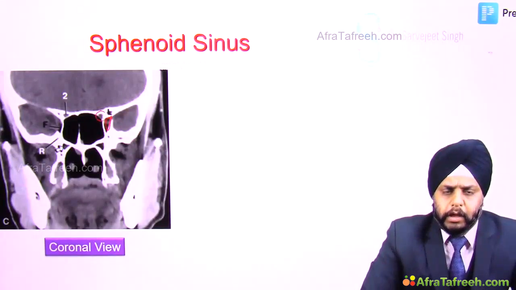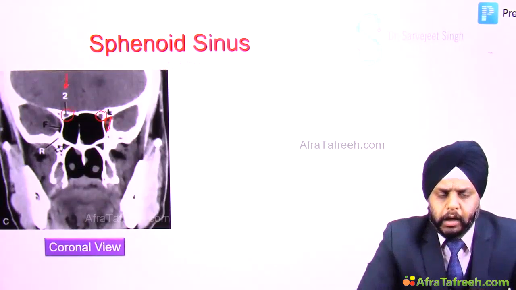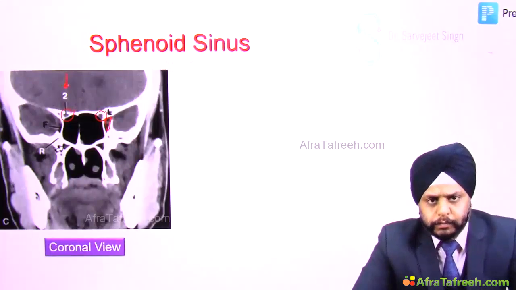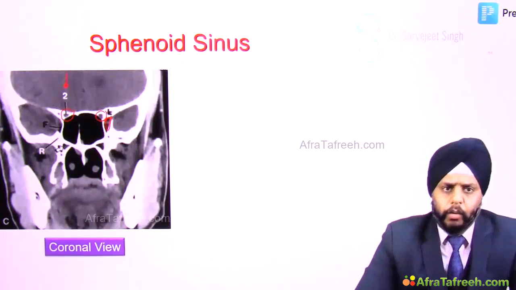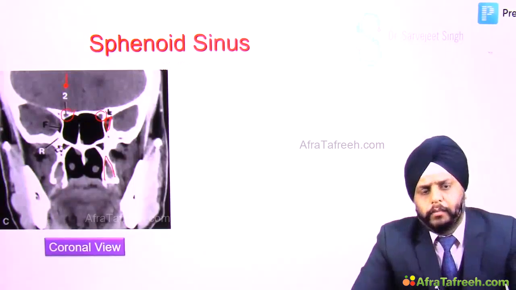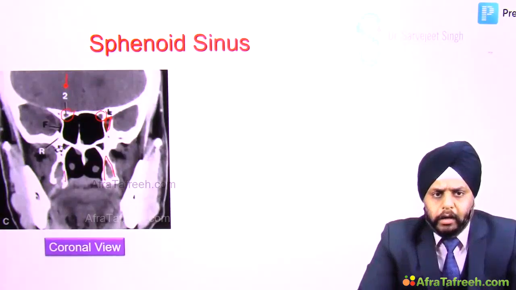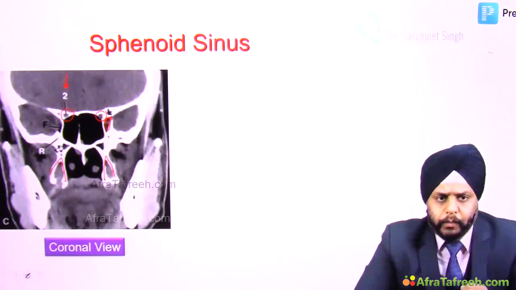This is the optic canal, and you can see the optic nerve. Optic nerve over here has been marked as number 2, right? What else can you see? Over here, this is the pterygoid process. So we have the medial pterygoid plate and the lateral pterygoid plate also, right?